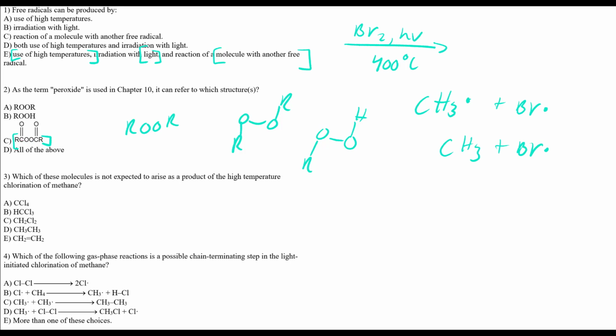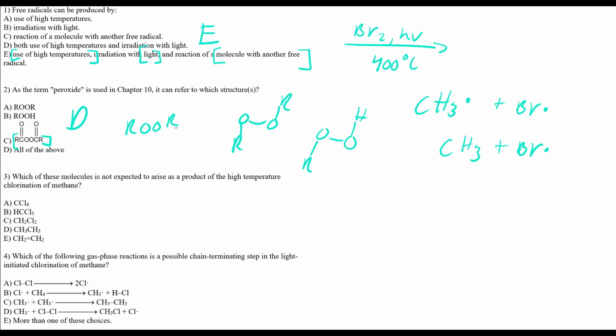Just in this case, the carbons right here, imagine that they were R's. So it would still be ROOR. So it's just the notation for peroxides. So D would be all of the above, and this is E once again. So that's just the common formula for peroxides.